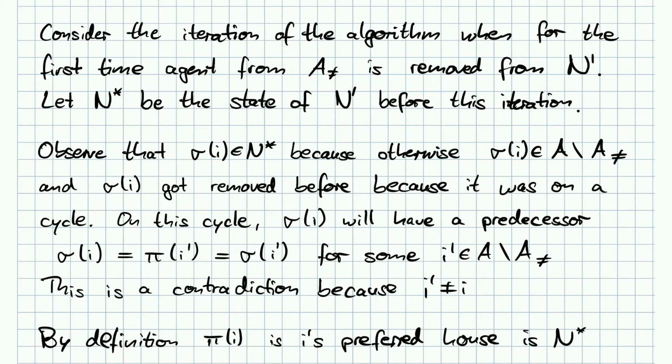Why was that? We were saying that we are now removing agent I. Agent I would get sigma I, but sigma I, this would actually be an option now. And we're giving agent I now the preferred house of all this.